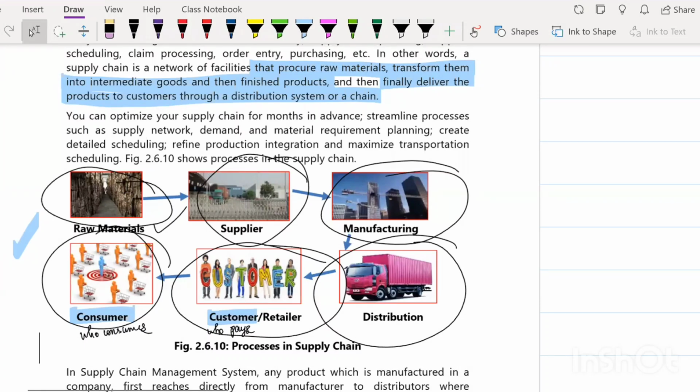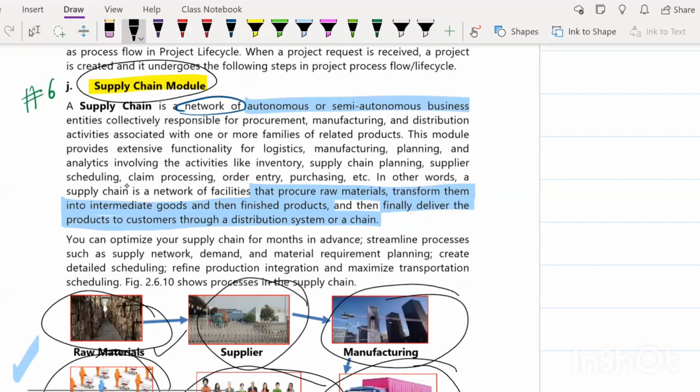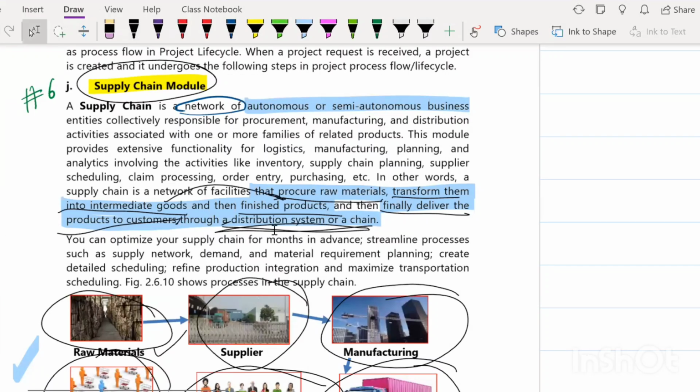So here the supply chain module basically looks after how you procure your raw material, how you transform it into intermediate goods, how these goods get transformed into finished goods, and then how you finally deliver the products to the customer through a distribution channel or chain. So all these related aspects, the supply chain module is going to be responsible for.